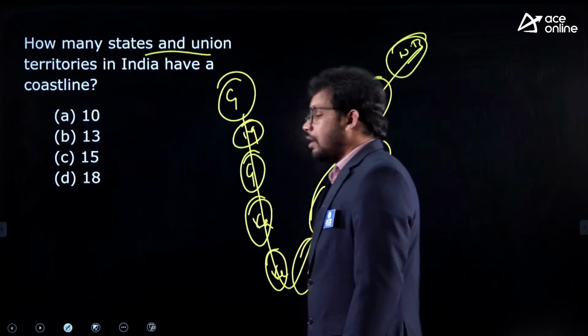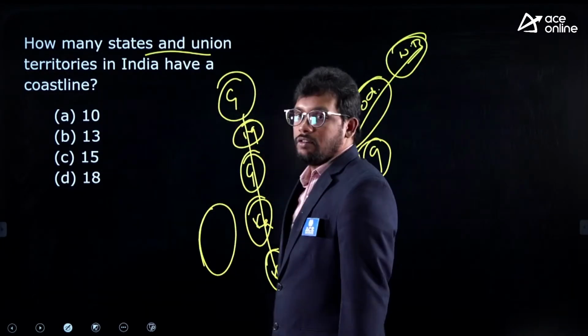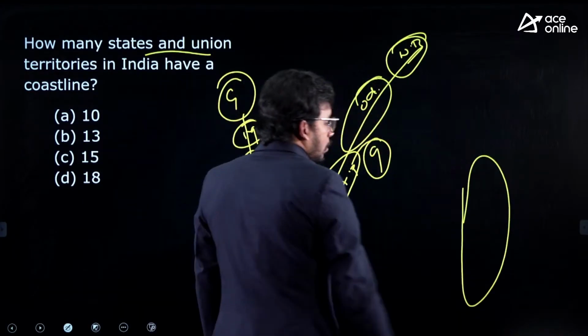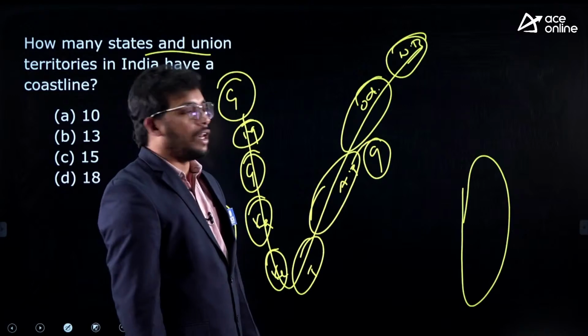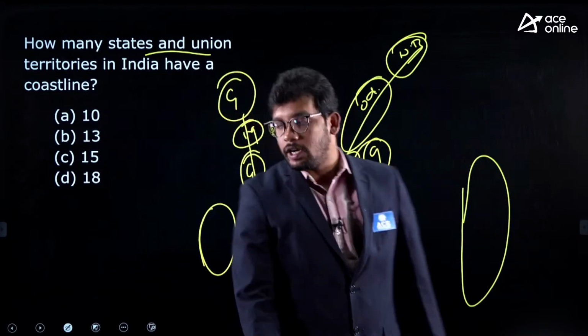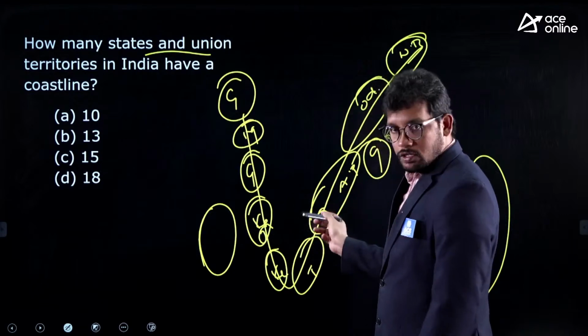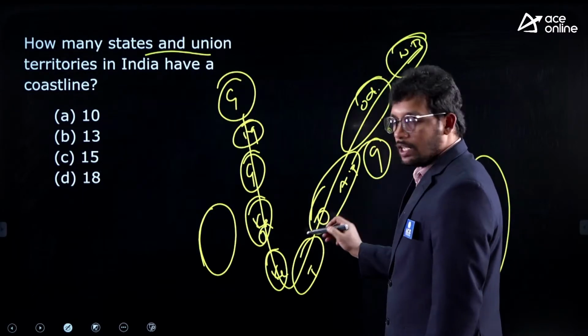Here we have Lakshadweep, which is a union territory, and Andaman Nicobar Islands, the second union territory, and we have Pondicherry. Karaikal, Mahe and Yanam are also part of Pondicherry, a single territory.